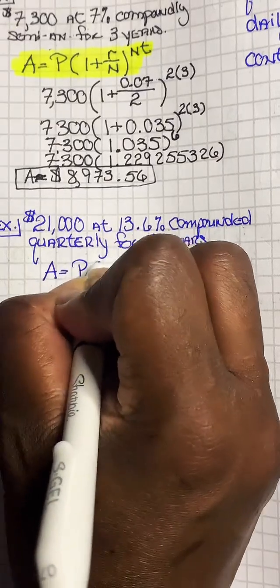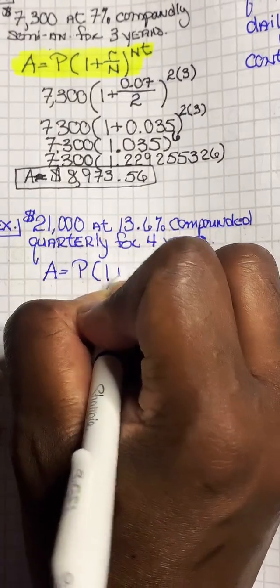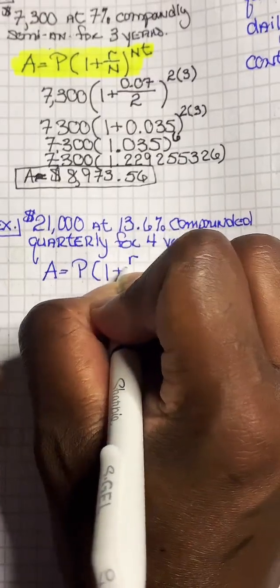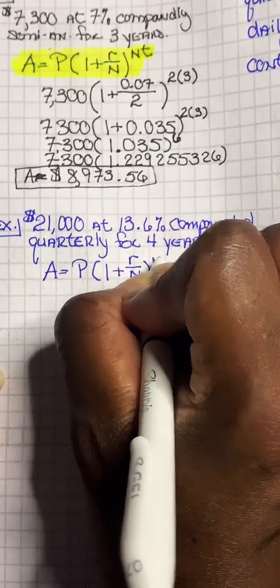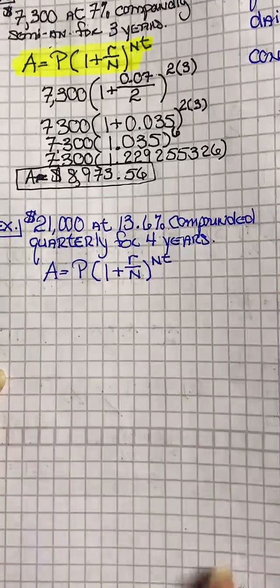And again, the formula will be your principal times 1 plus your rate over your n raised to the nt.